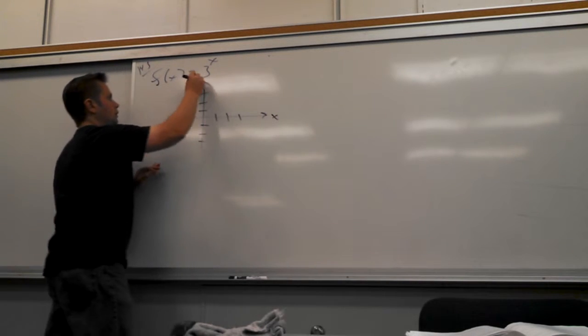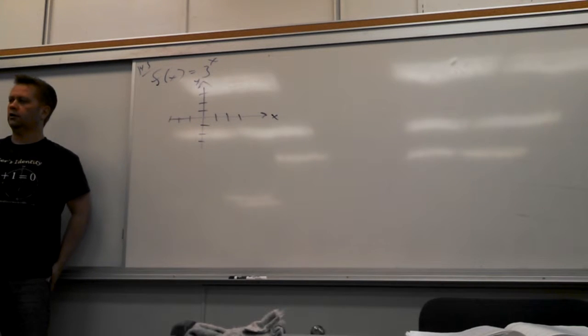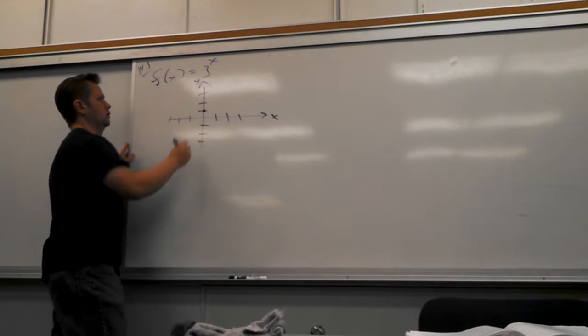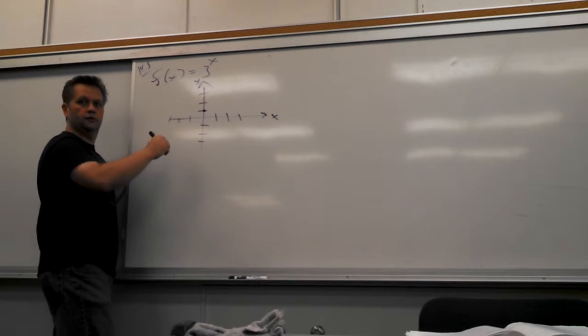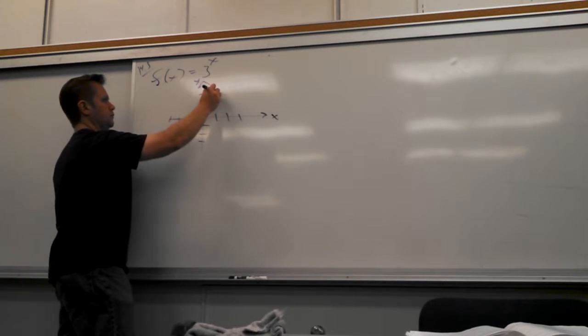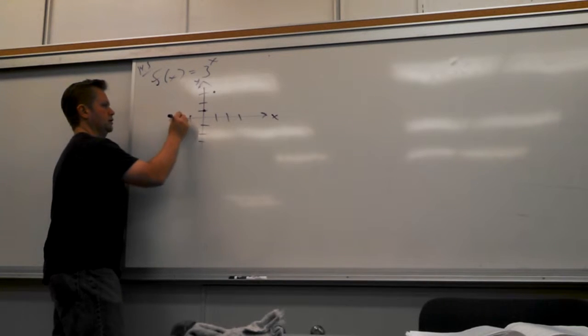So for any non-shifted exponential function, it's going to go through the point 0, 1, because something to the 0 power is 1. It's going to go through 1, base, 1, 3. It's going to go through negative 1, 1 over base. Cool, so that's 3 to the x.